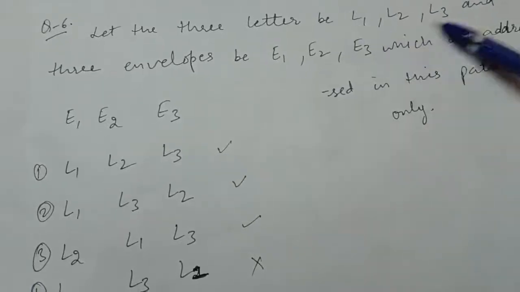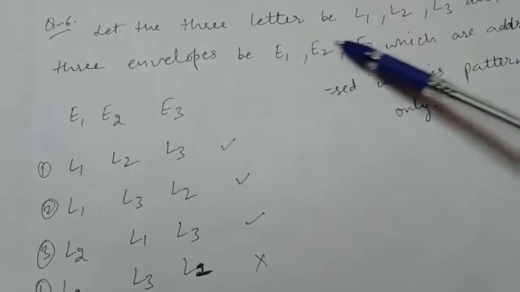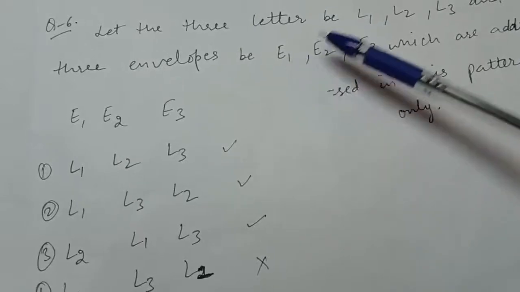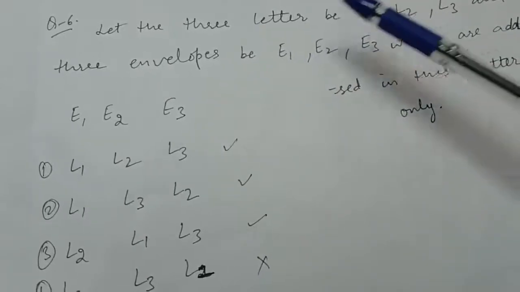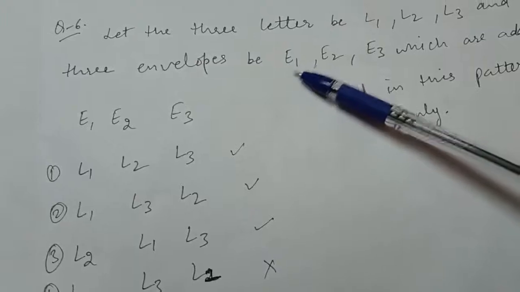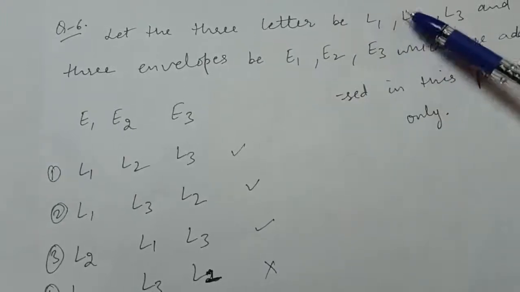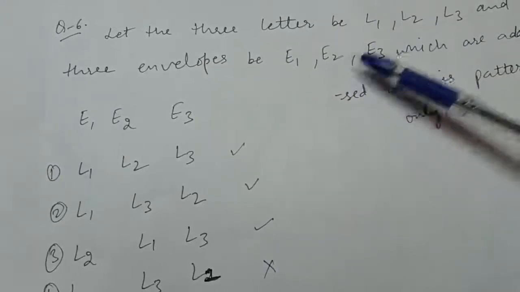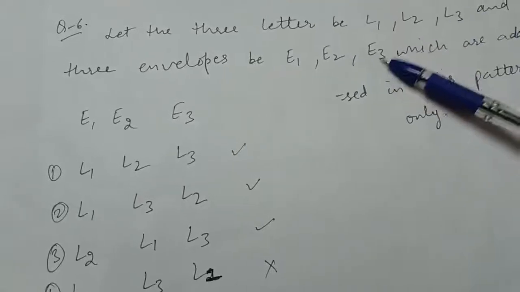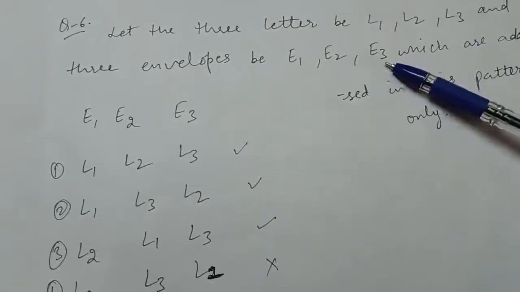That is, there are these 3 letters and these 3 envelopes, and we fix that letter 1 is addressed in E1, letter 2 is addressed in E2 and letter 3 is addressed in the third envelope, right?